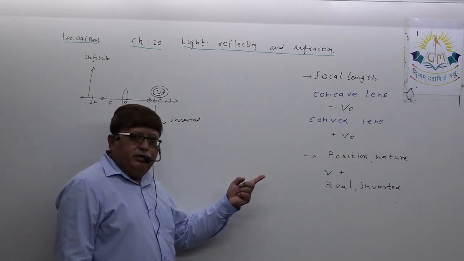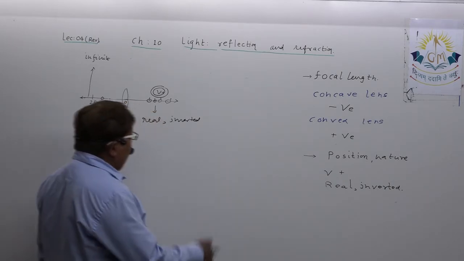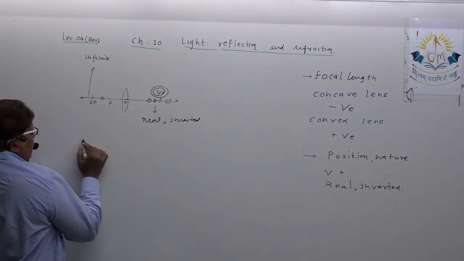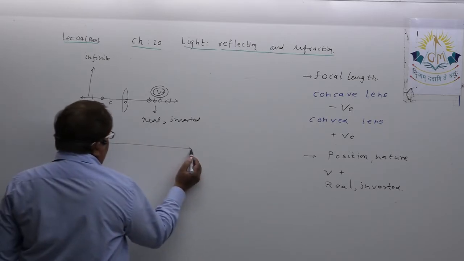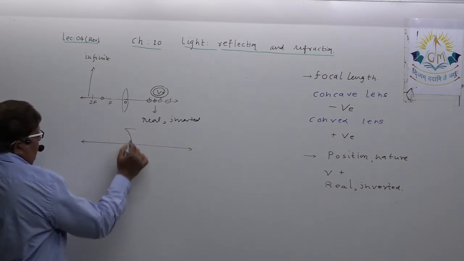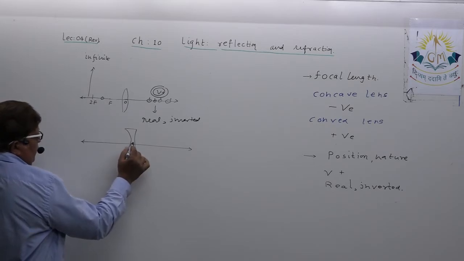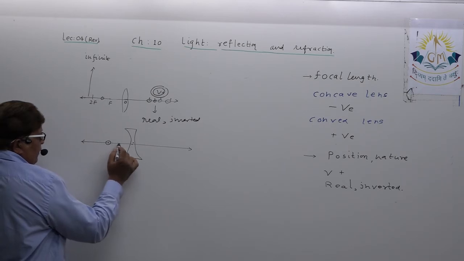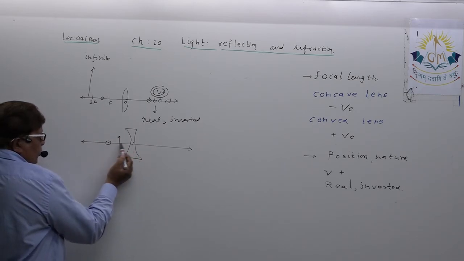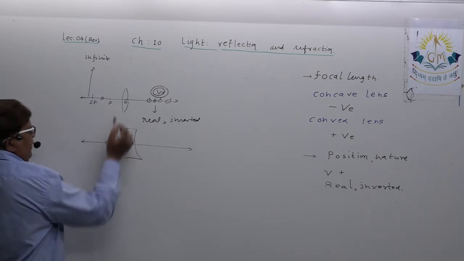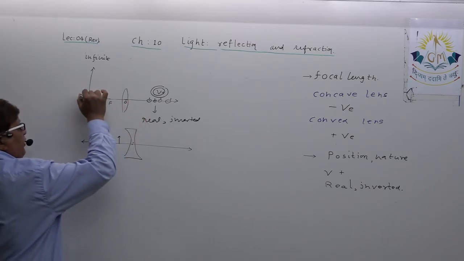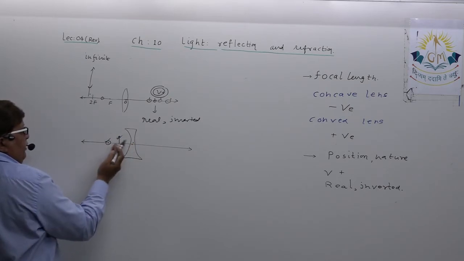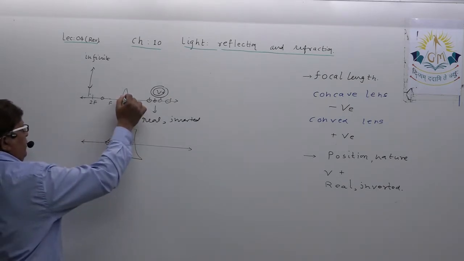You see, this is totally in contrast to the mirror. And dear student, one image in convex lens you get on this side. If you just draw a concave lens, in case of concave lens you are getting one image here at focus and one image here. So both the images are obtained on the left side, which are virtual, erect, virtual, smaller, diminished.